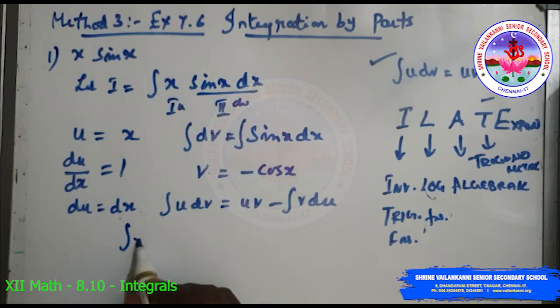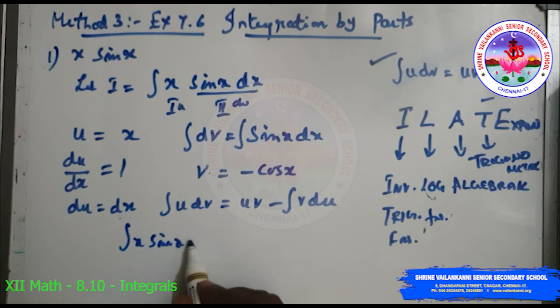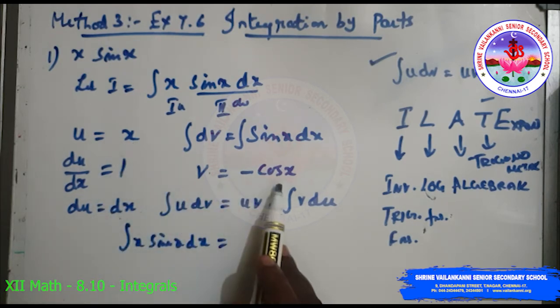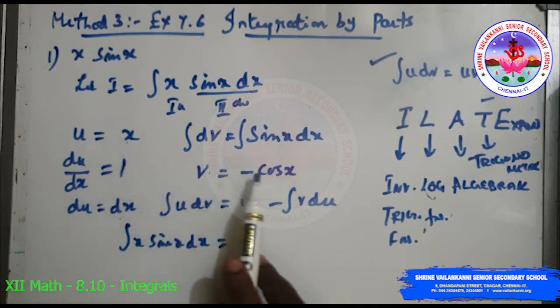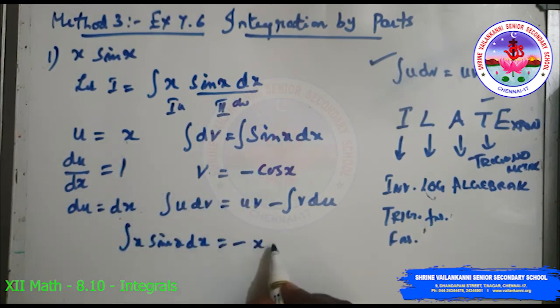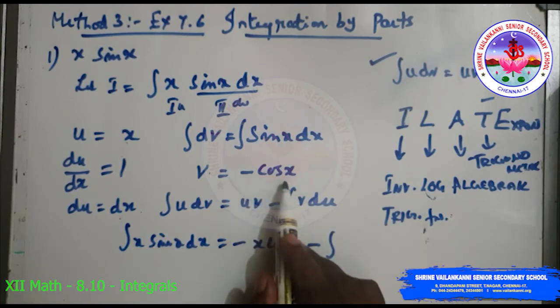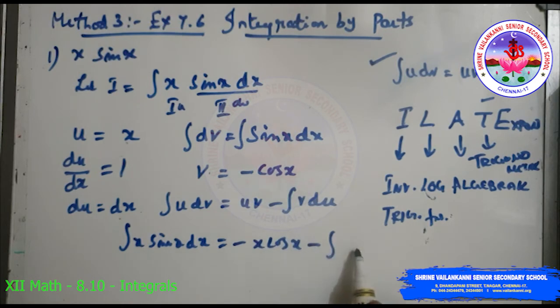So x into sin x dx is equal to, with u as x and v as minus cos x, u into v, which is minus x cos x, minus integral of v, which is minus cos x. Minus into minus is plus.